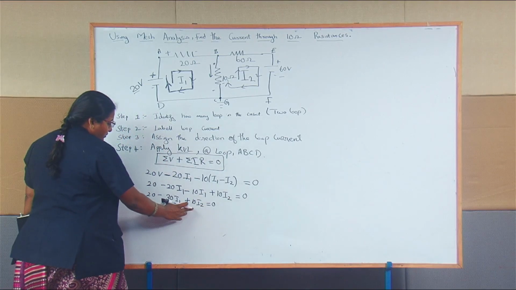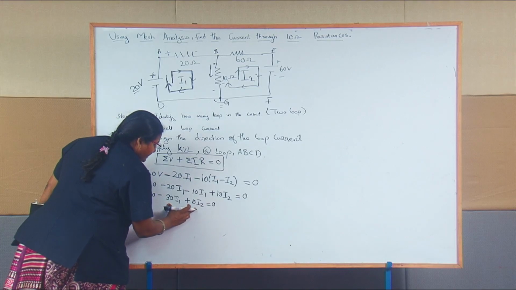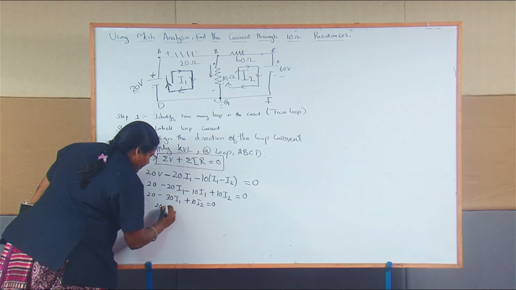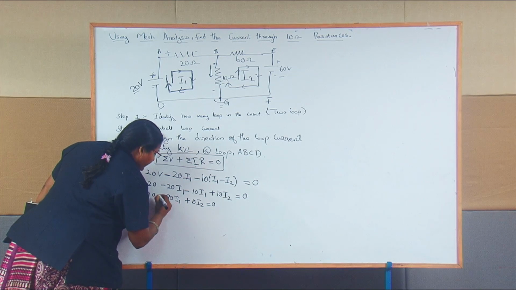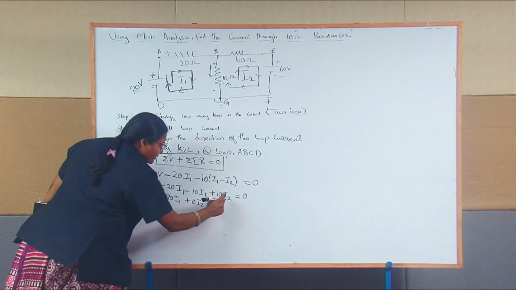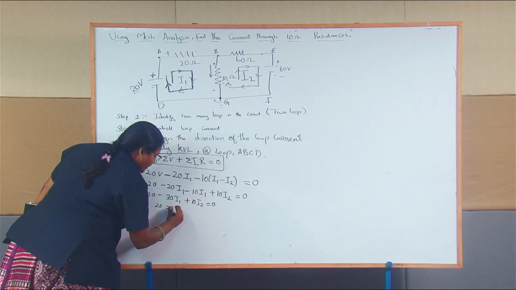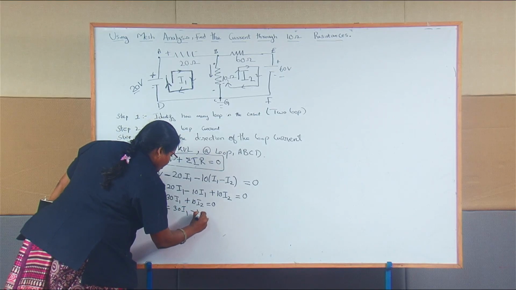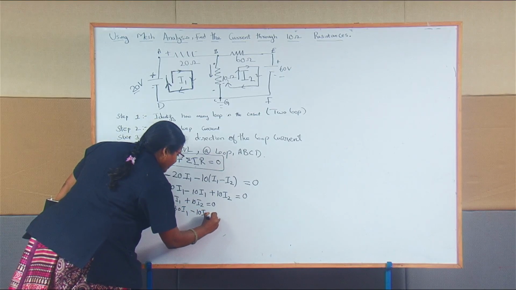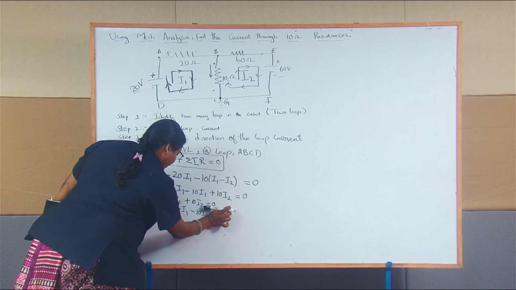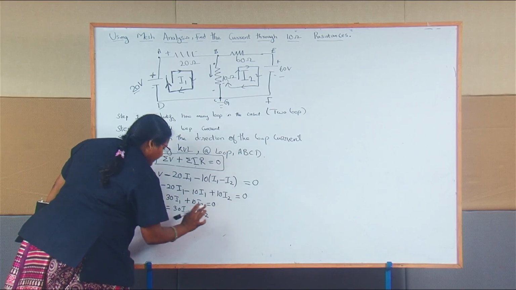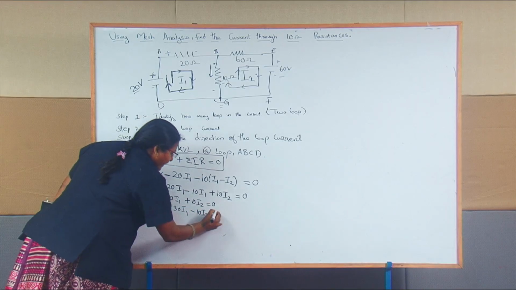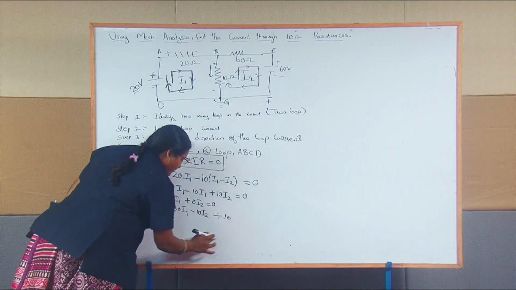I am going to take I1 and I2 to the left hand side. So 20 equal to 30 I1, because the minus 30 I1 goes to that side and becomes positive, minus 10 I2. This is divided by 5 for simplification.